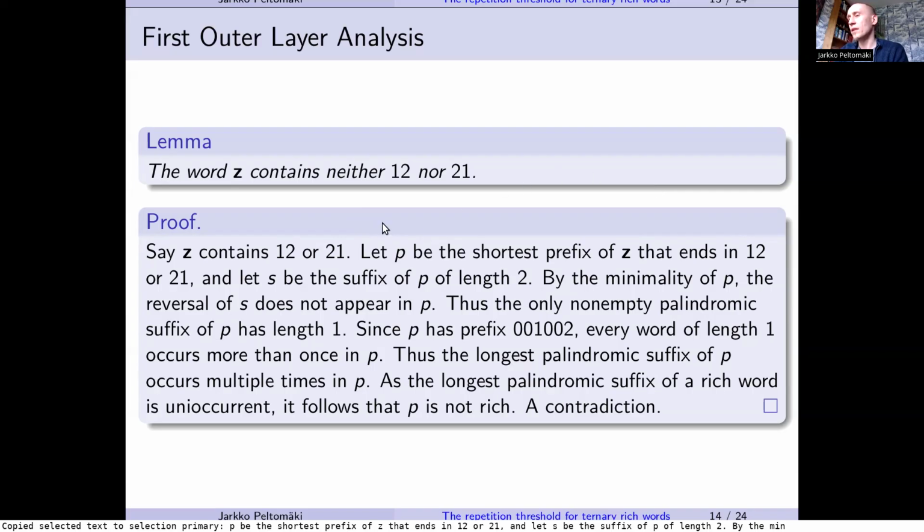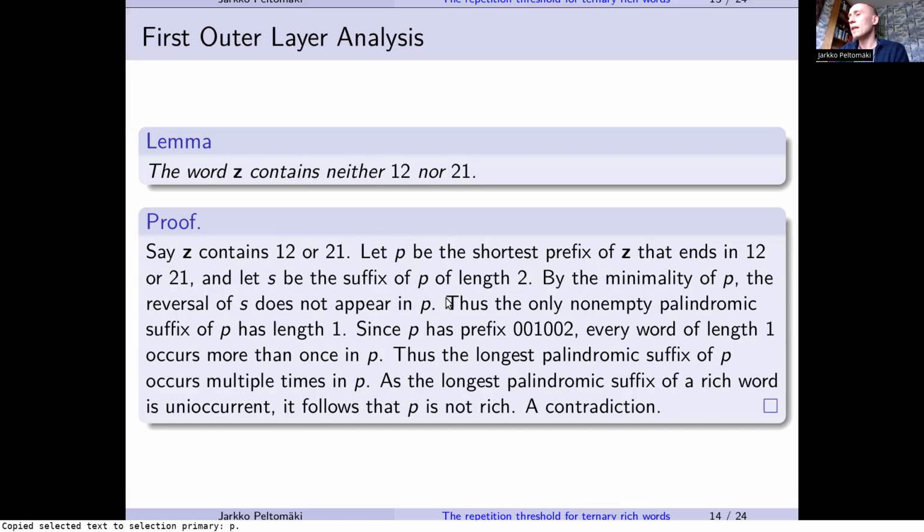Then denote by S the suffix of P of length 2. It just means that S equals 1, 2 or 2, 1. And because of the way we define this prefix P, the reversal of S cannot occur earlier in P.